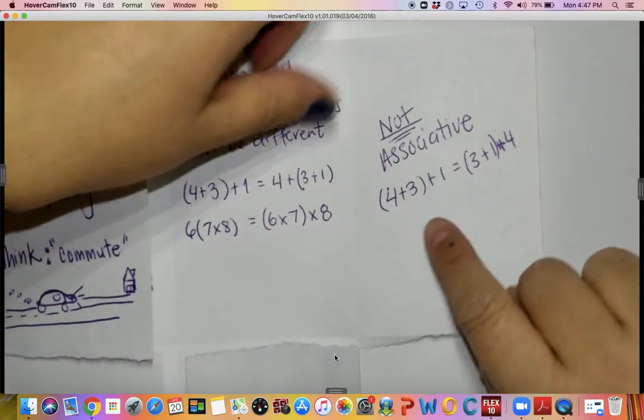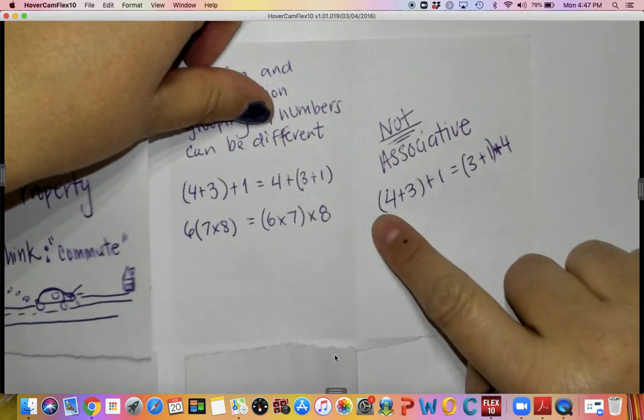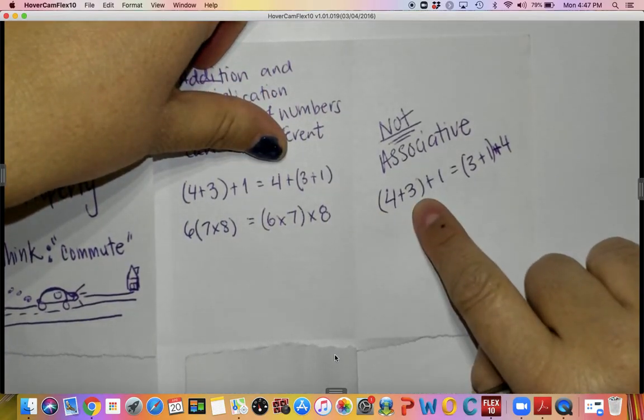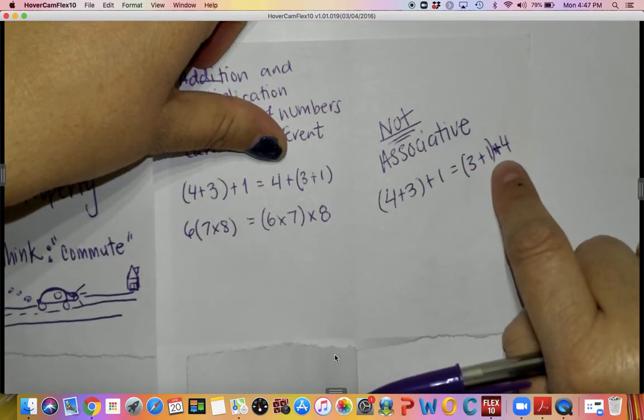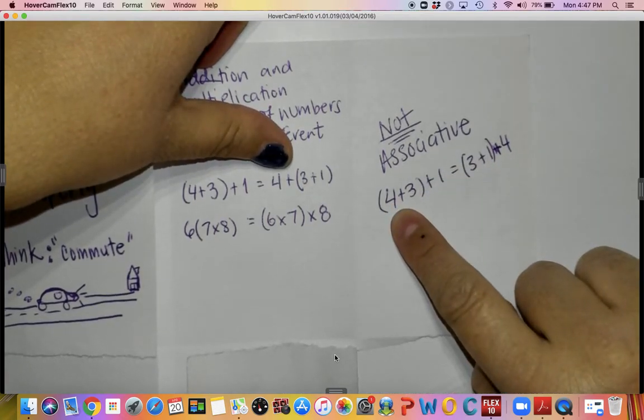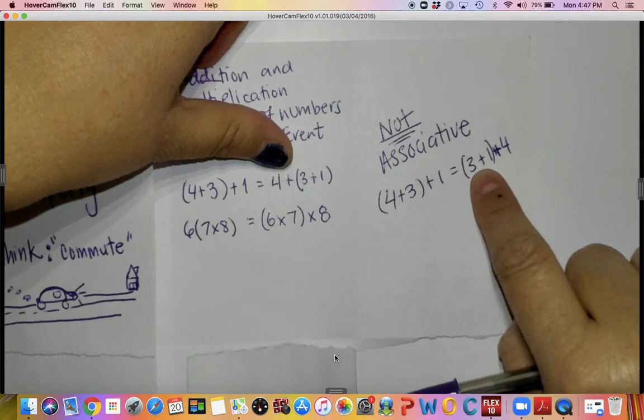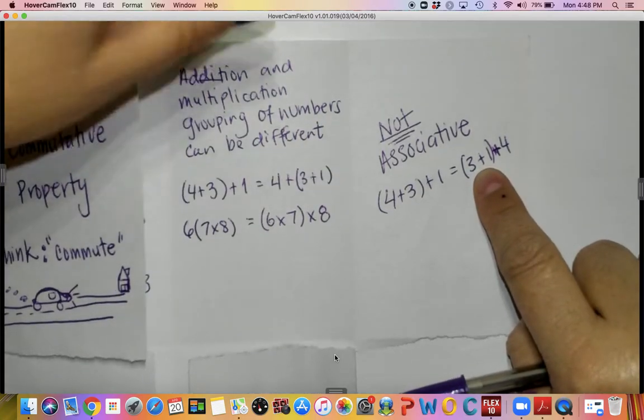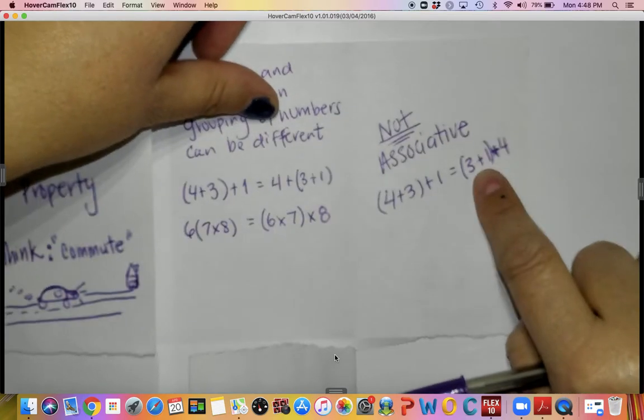So, why isn't this one associative? I have a group here, I have a group here. My group over here is 4 plus 3. My group over here is 3 plus 1. That's a totally different group. Why is it not associative?